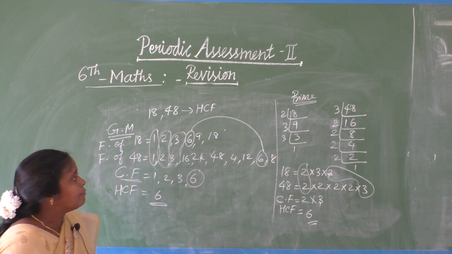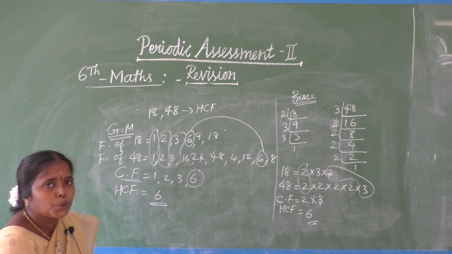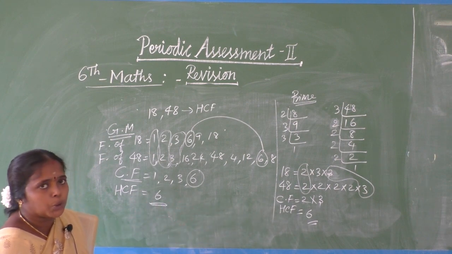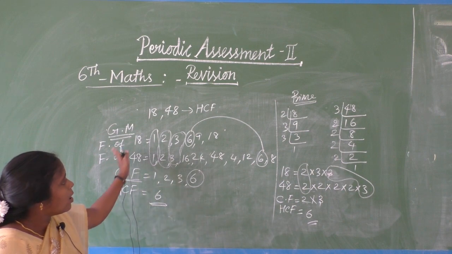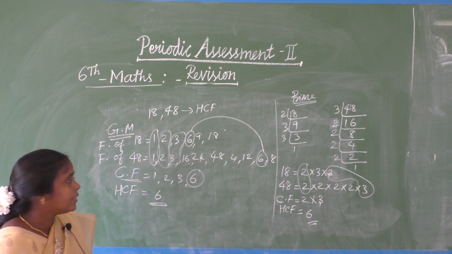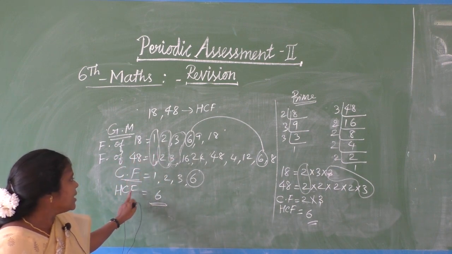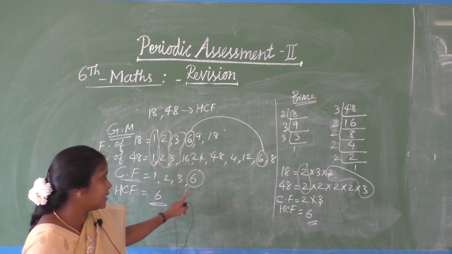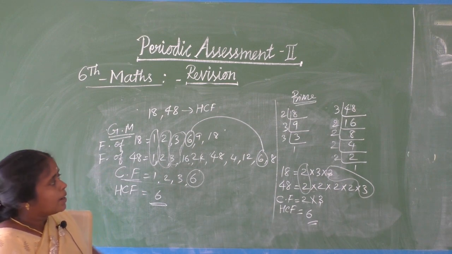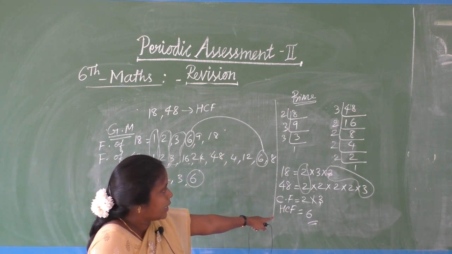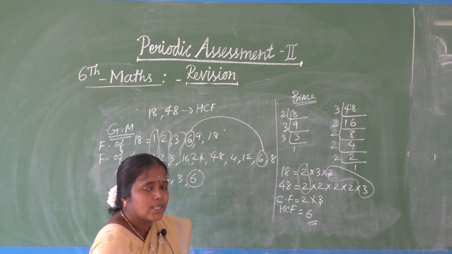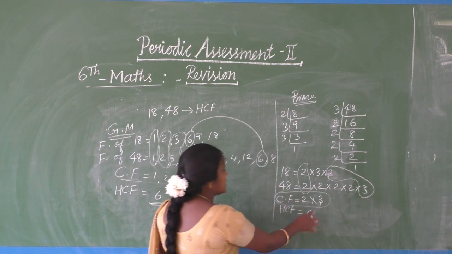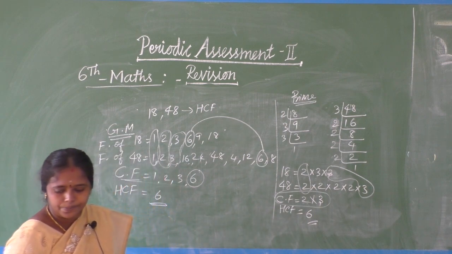I have shown two ways: using all the factors, where the highest common factor is the final answer, and using prime factorization, where the product of the common factors is the final answer. Understood?